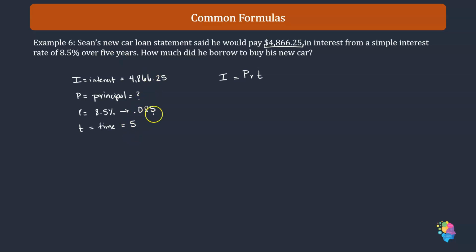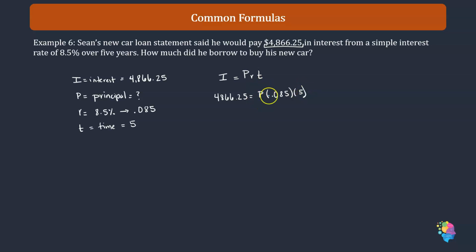Let's place them all in the formula. So the interest is $4,866 with 25 cents. We don't know the principal. The rate is 0.085 and T is 5.